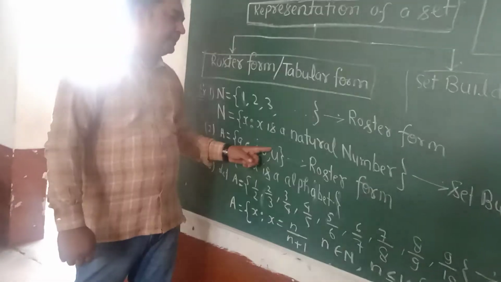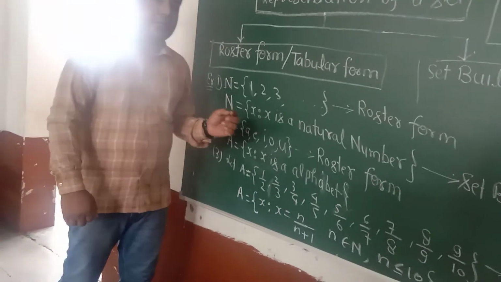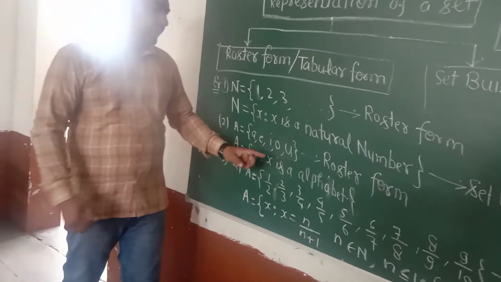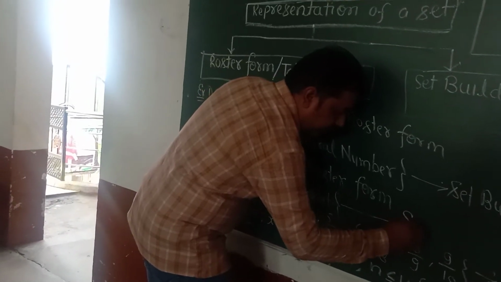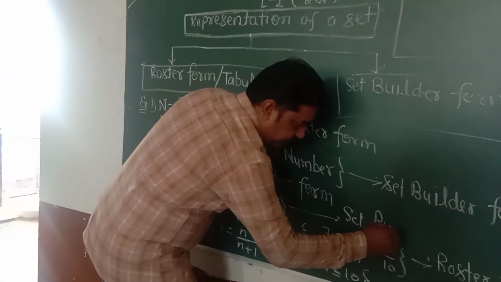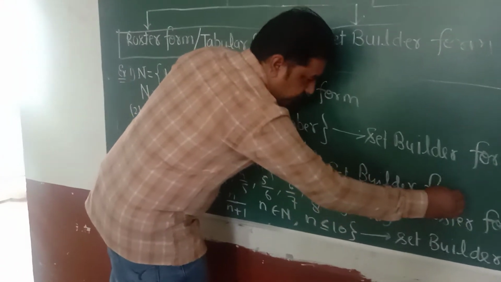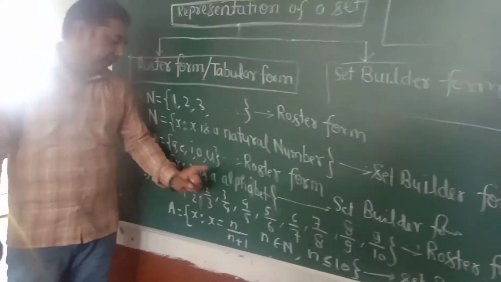This is a finite set and this is an infinite set. I was already explaining that to you. How do you write it in set builder form? Set builder form: x such that x is an alphabet.